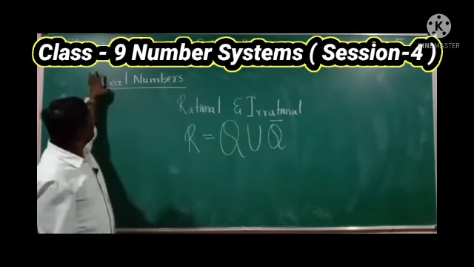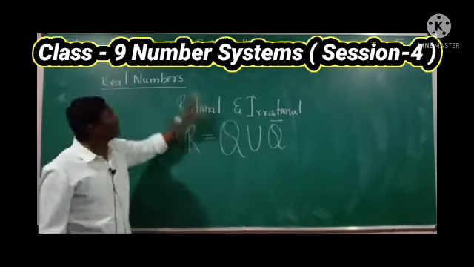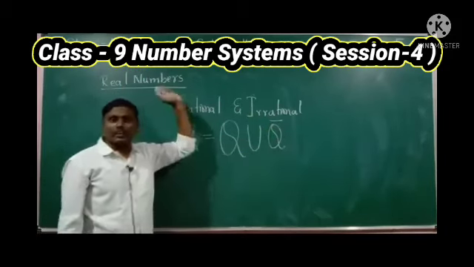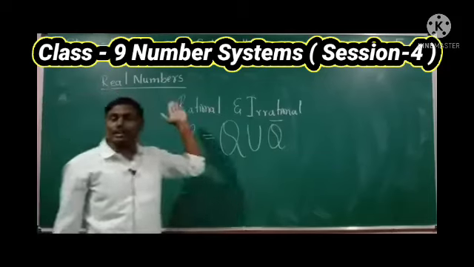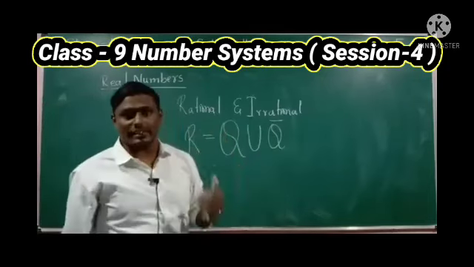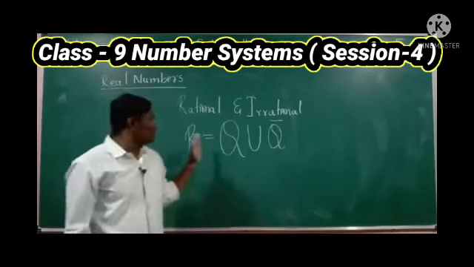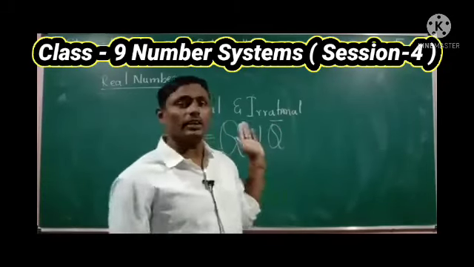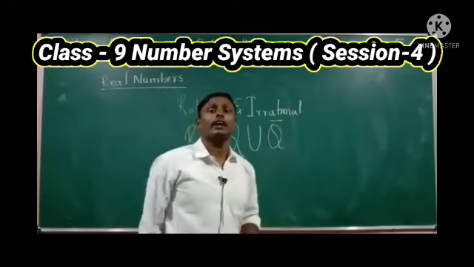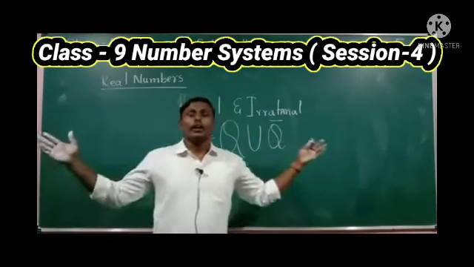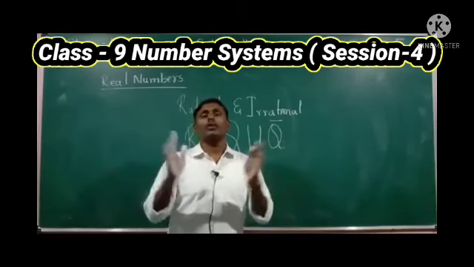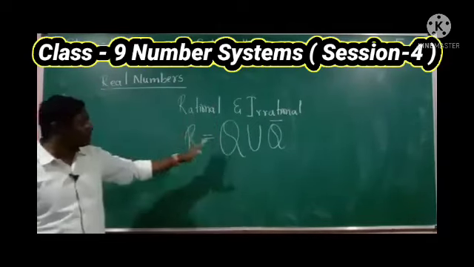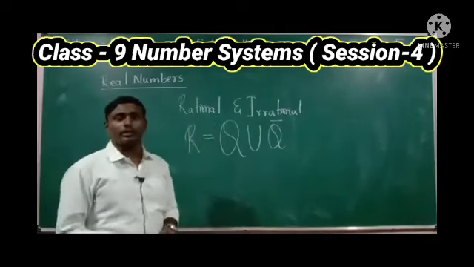But some of the real numbers are rational numbers and some of the real numbers are irrational numbers. So here real number acts like a universal set. We are classifying the real numbers into two types: first one is rational numbers and second one is irrational numbers. So it is entirely the combined form of rational numbers and irrational numbers.